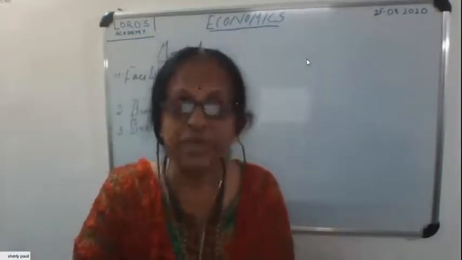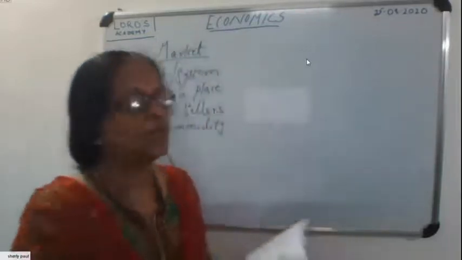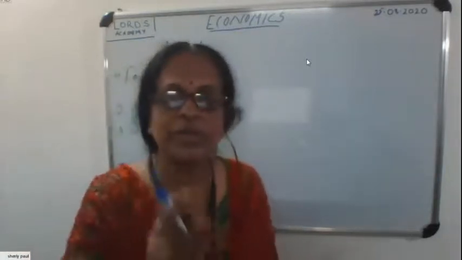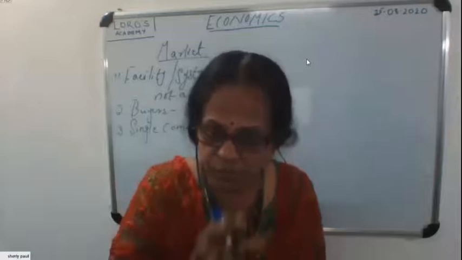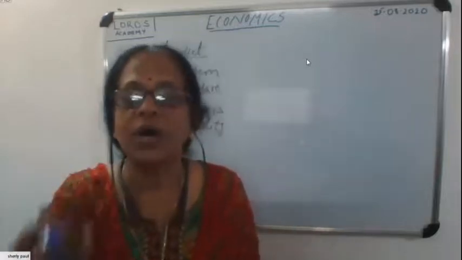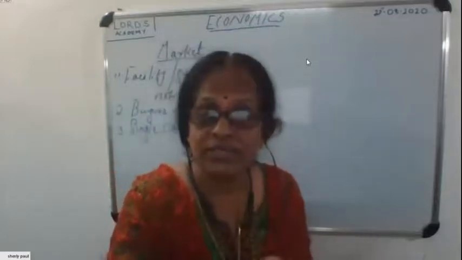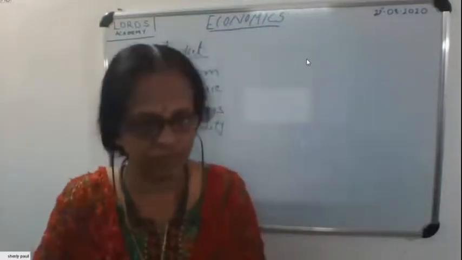These points will be clear when you study the varieties of market. If I just explain them now, it will not be clear, because we will come to these four points with different markets, and then you will understand what the number of buyers and sellers is in this particular market. Clear?